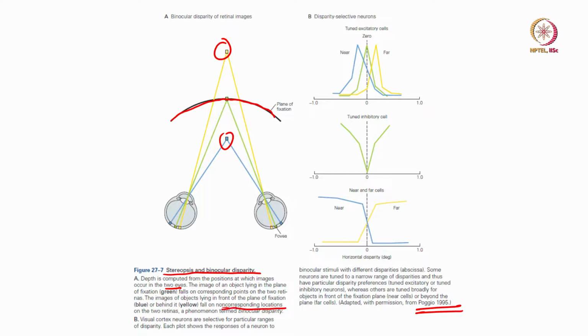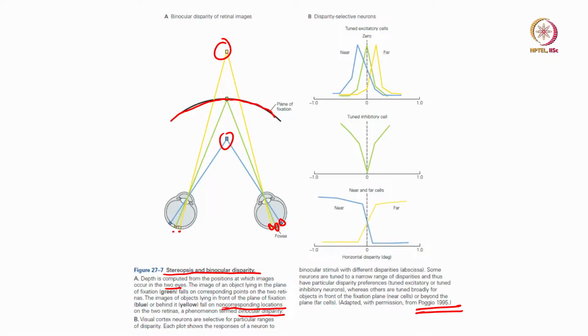They do not fall on the same area, they fall away from the primary fovea, where the density is. That causes binocular disparity, which is the difference between this and this.